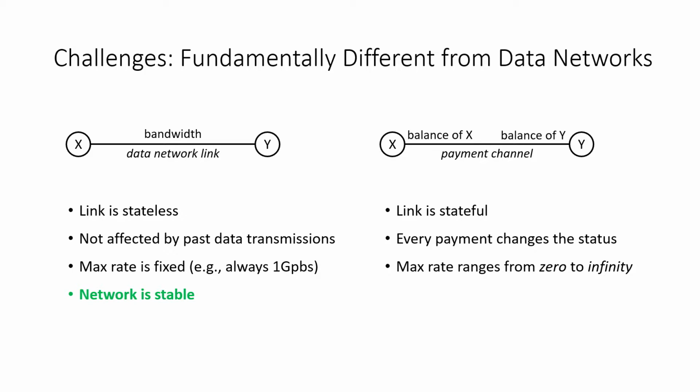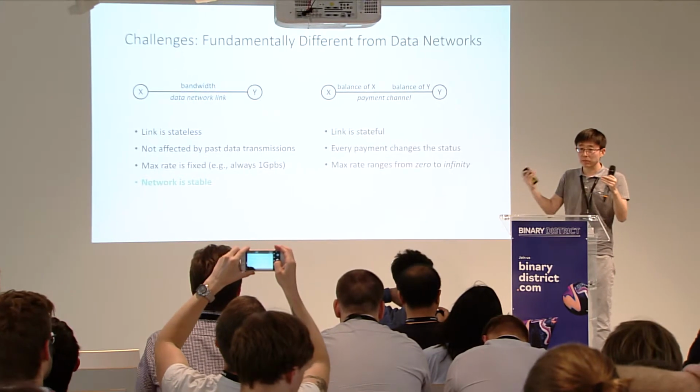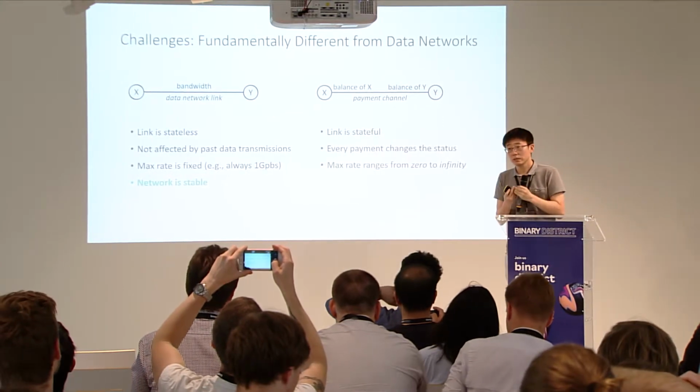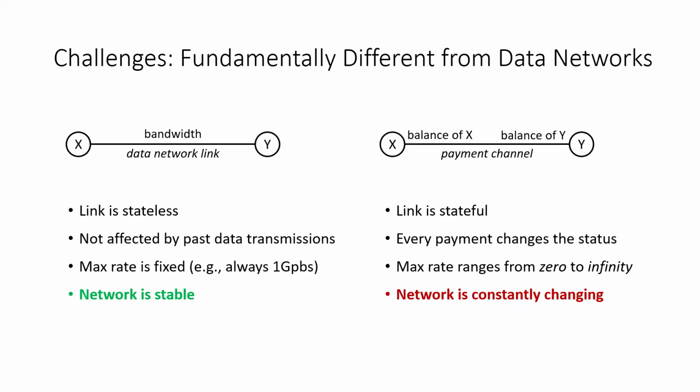Of course, it's not exactly infinity, but if two nodes just keep sending each other $1, the rate is only bounded by the physical computation. It's nothing related to the balance or the deposit. Which means the network is constantly changing. Again, every value transfer changes the network. So this is a completely new link model.